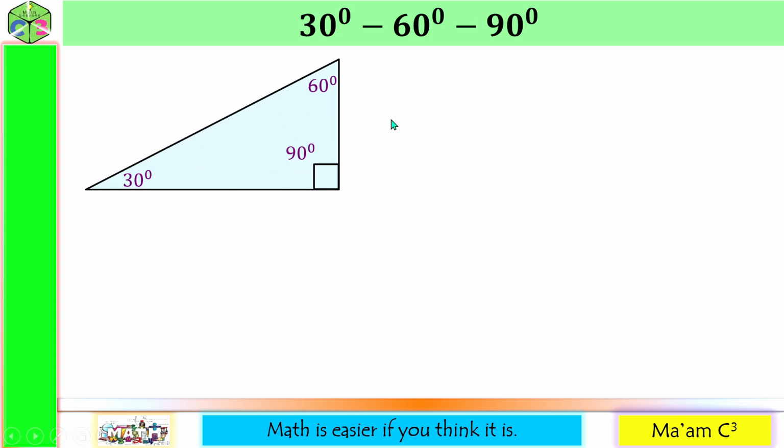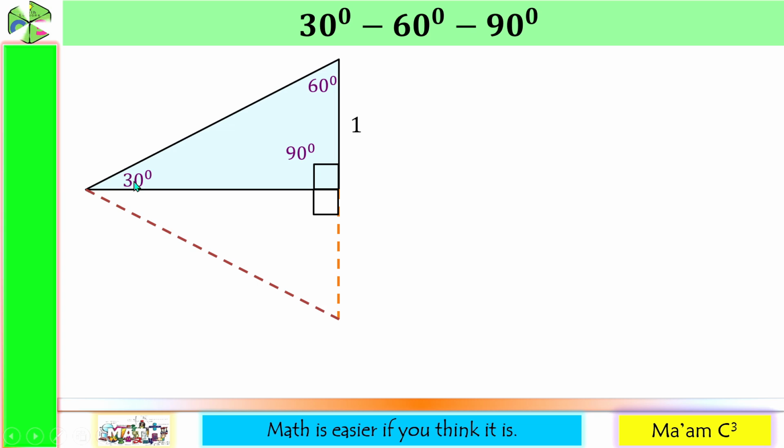Now, let us say that the measurement of this side is 1. What I am going to do now is to create a congruent triangle with this one. So I'm going to extend this line here, same measure, and I'm going to close to form another triangle. If this is 90 degrees, then this is also 90 degrees.